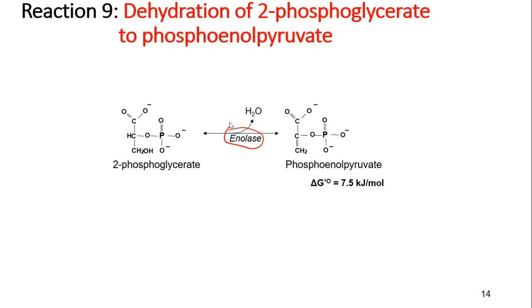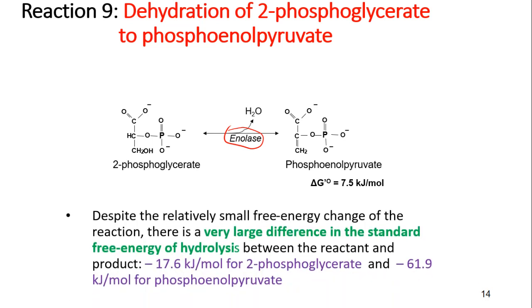Enolase. Okay, now we need to understand that despite the relatively small free energy of the reaction, you need to understand this reaction has a small free energy change. Despite that, there is a very large difference in the standard free energy of hydrolysis between the reactant and the product. Okay, I think that has easily been explained.